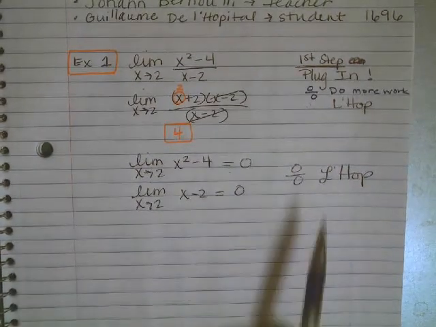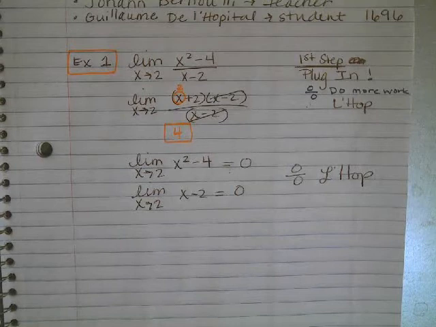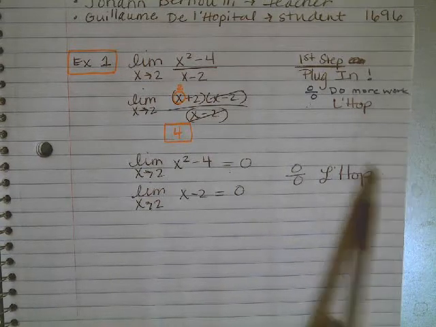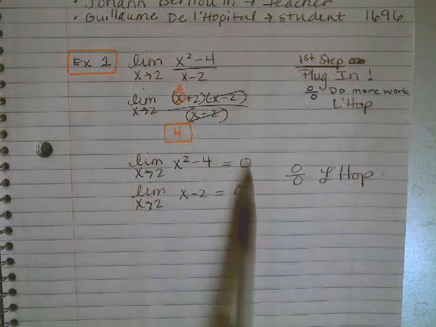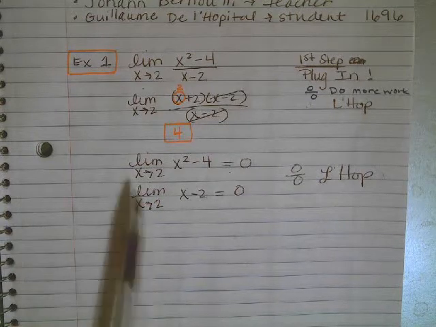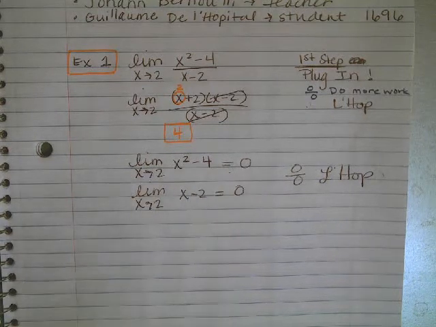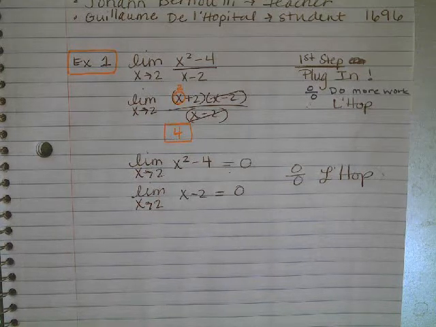And you have to recognize you're going to apply L'Hopital's rule. My Calc 1 professor in college made us do this, but not this separating part. But let's be in good practice for the AP exam. Separate your numerator, separate your denominator, show that you get an indeterminate form. And once you have that, here's L'Hopital's rule.